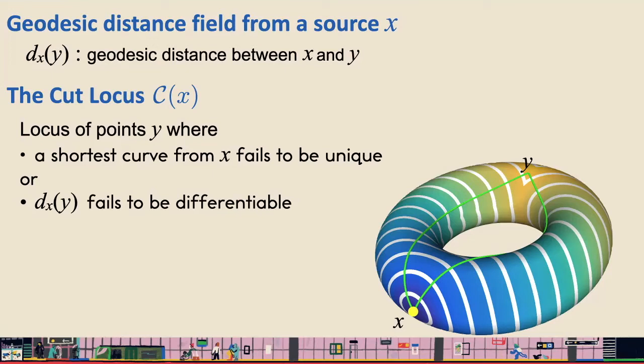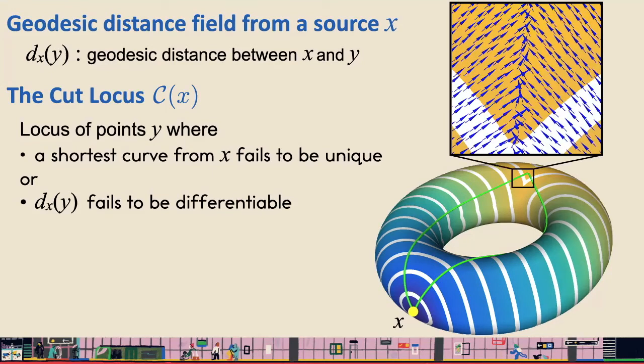Note that the non-differentiability of dx at the cut locus implies that its gradient, sampled at the vertices of the mesh, for example, somehow breaks while approaching the cut locus, and we will exploit this fact later on.